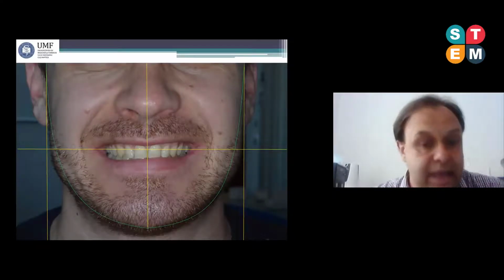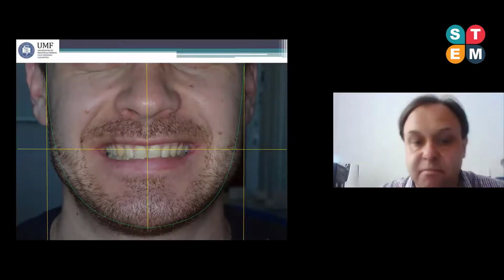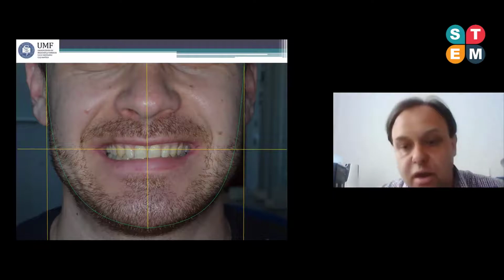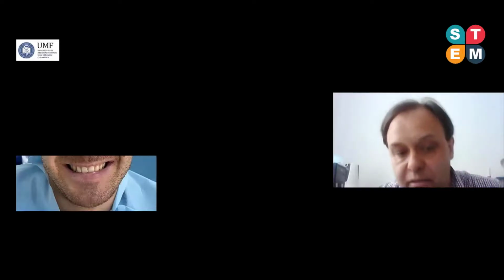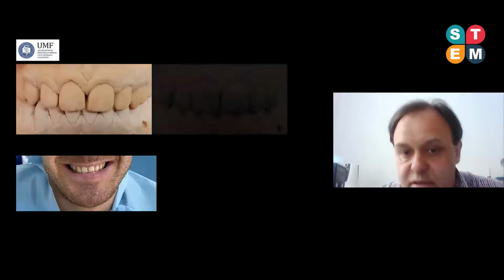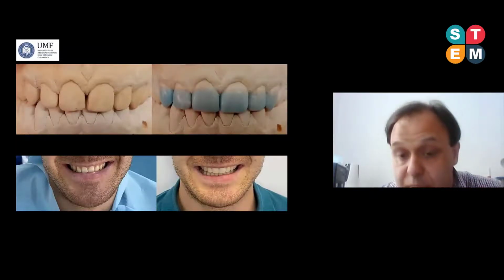That's the last case, a patient with a diastema and space between natural teeth. We measure the face, make the contour, and reproduce it with a smile design of this case to make a better smile.